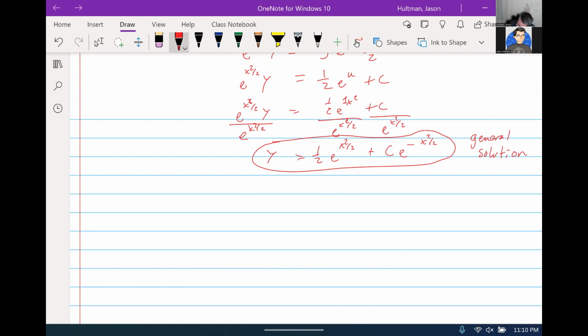So we have y naught is equal to 1. Okay, so 1 is equal to 1/2 e to the 0 squared over 2 plus c e to the negative 0 squared over 2.